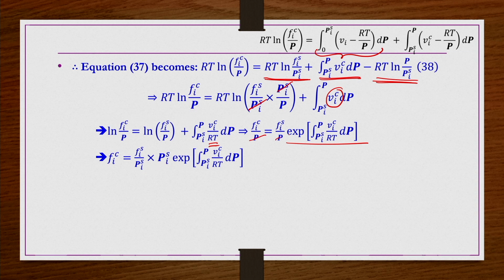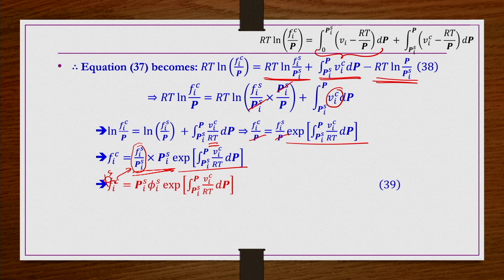What I am doing is simply multiplying and dividing by Pi^S on the right hand side. So fi^S/Pi^S I can write as phi_i^S, that is the fugacity coefficient of the ith component in a pure state, and the remaining exponential term stays as it is.